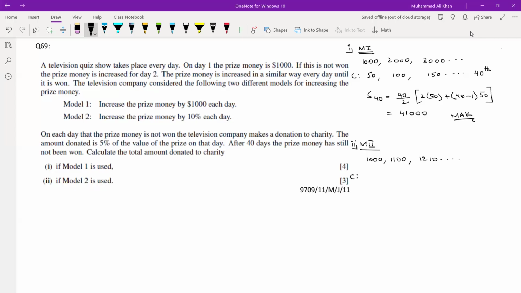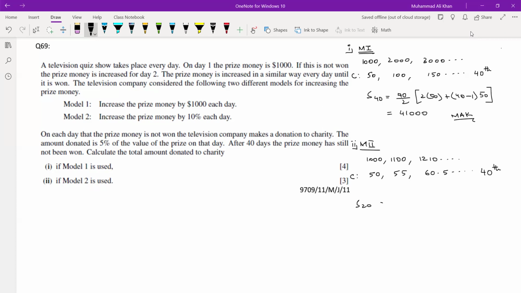5% of 1000 is 50. 5% of 1100 is 55. 5% of 1210 is 60.5 and so on. Now we have to calculate the sum up to the 40th term.